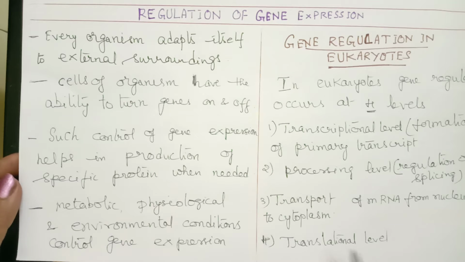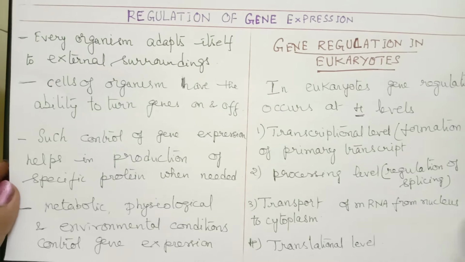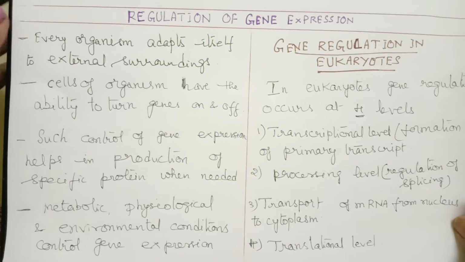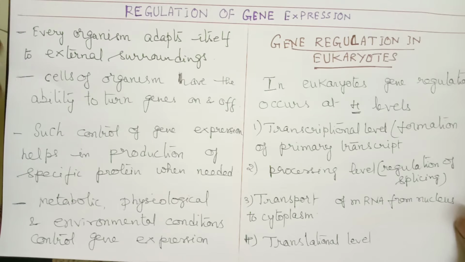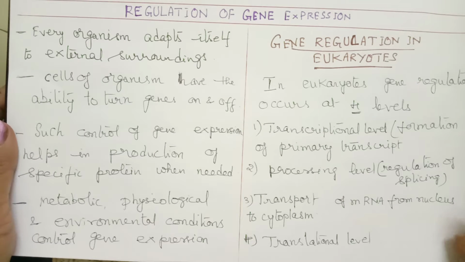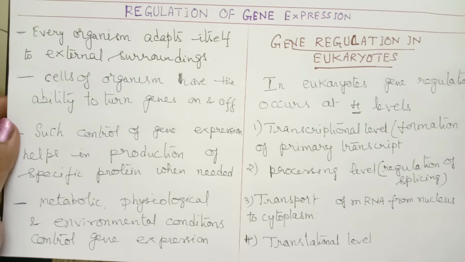Now let us see. There are many examples where gene regulation is done both in prokaryotes as well as in eukaryotes. At different levels in prokaryotes and eukaryotes, the genes can be regulated. So the meaning of gene regulation is that all the genes are not functional all the time. Depending upon their requirement, a particular gene can be functional. But all genes are present in all organisms, in all cells, right from the infant stage.